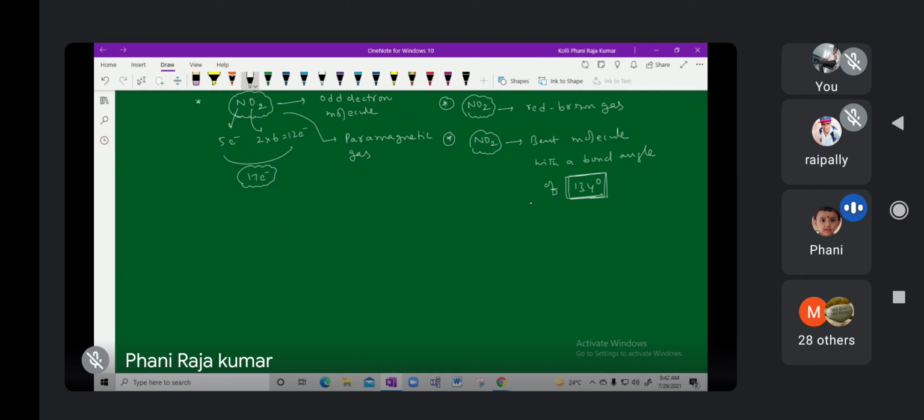Experimental value 134 degrees. NO2: nitrogen, double bond O, dative bond O. So double bond O, 2 lone pairs, dative bond O, 3 lone pairs. Total how many electrons? 2, 4, 6, 8, 10, 16, and 1 odd electron near nitrogen.